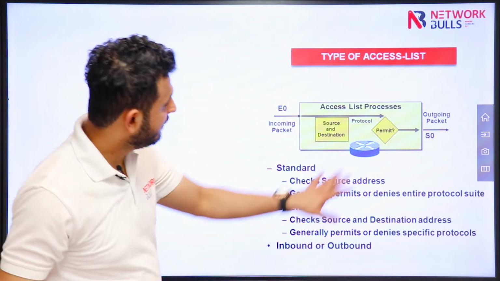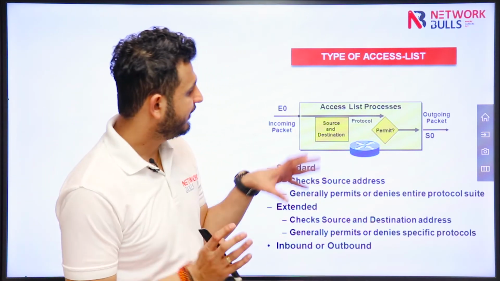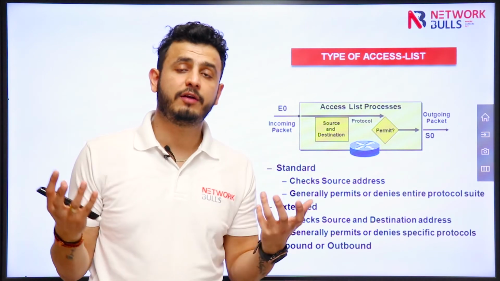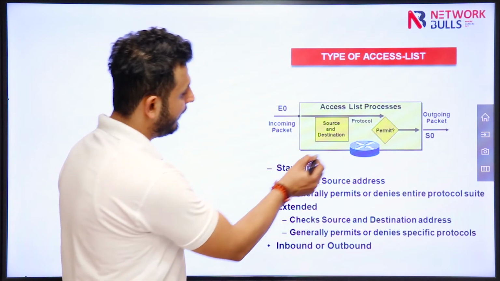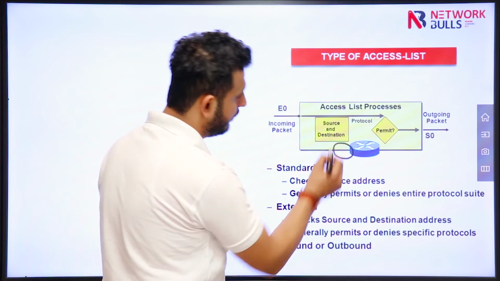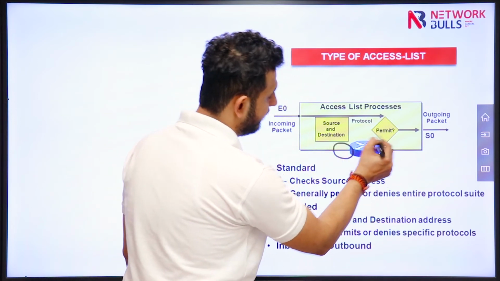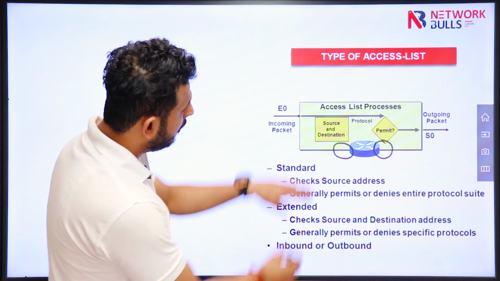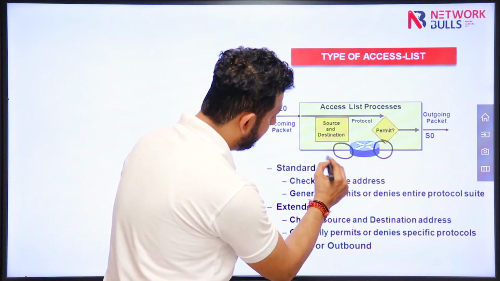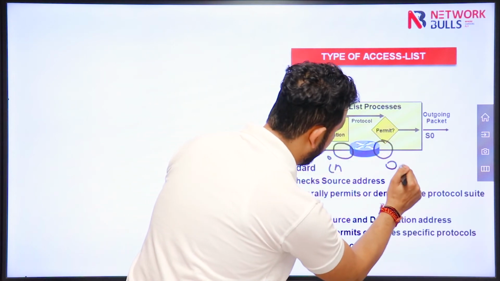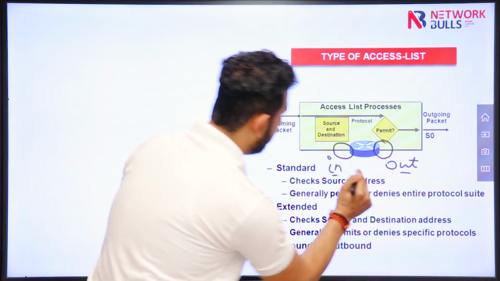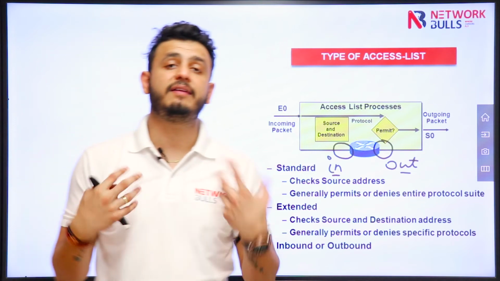Now guys, for example, this is my router. So we can create ACLs globally on the device. But when you talk about applying them, either you can apply it on the ingress interface or on the egress interface. When I am applying it on the ingress interface, I will apply in the in direction, and when I apply it on the egress interface, I will apply in the out direction. Now you will ask me what is the difference? See, the result will be the same.